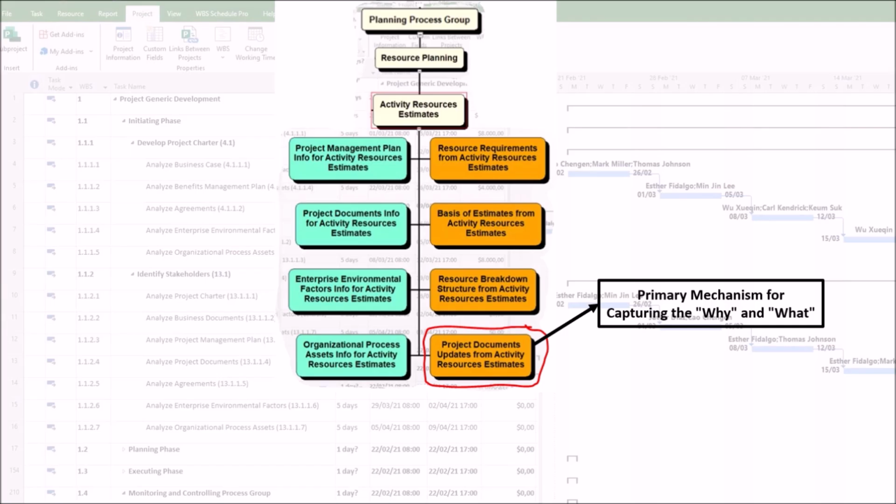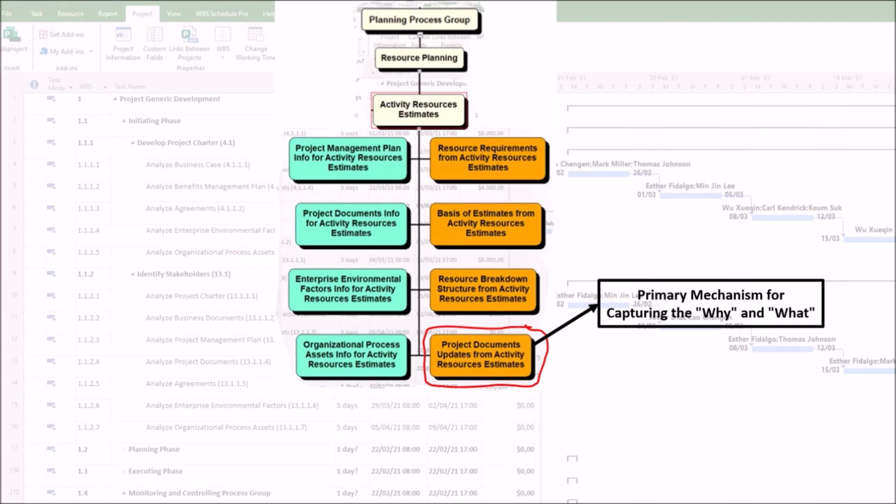ensuring you haven't missed a category of resources, such as forgetting to account for a specific type of software license or a skill set. Second, assumptions log. This is perhaps the most crucial update. Resource estimates are based on assumptions, such as we assume the senior developer has a 90% productivity rate, or we assume the equipment will be available for rent locally.